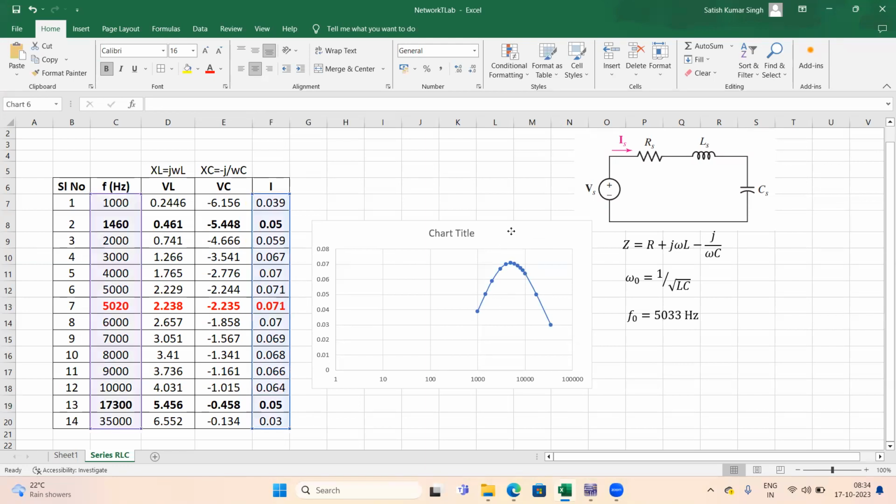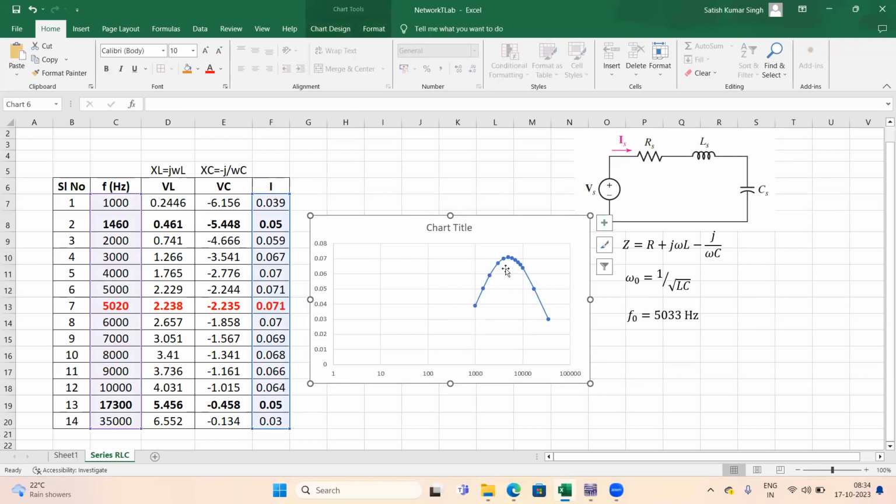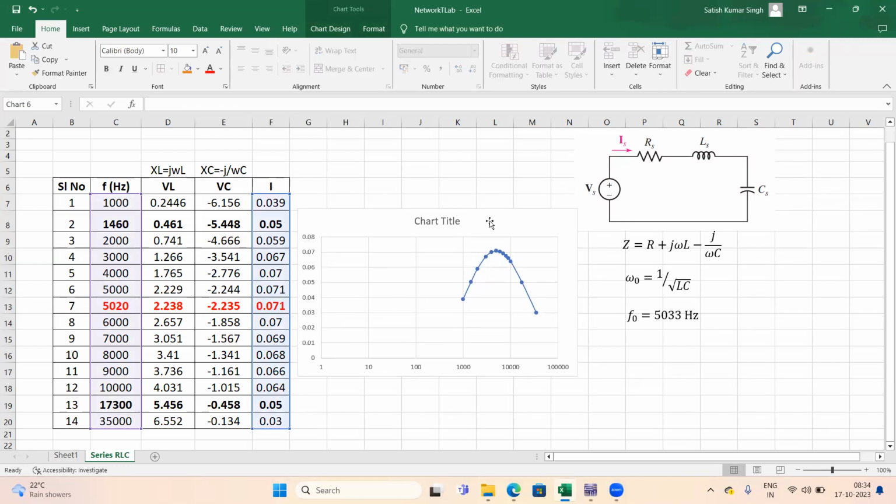This way we can calculate the resonance frequency of the circuit, either by following this particular formula, omega naught equals 1 upon root over LC, or by experimental observations.